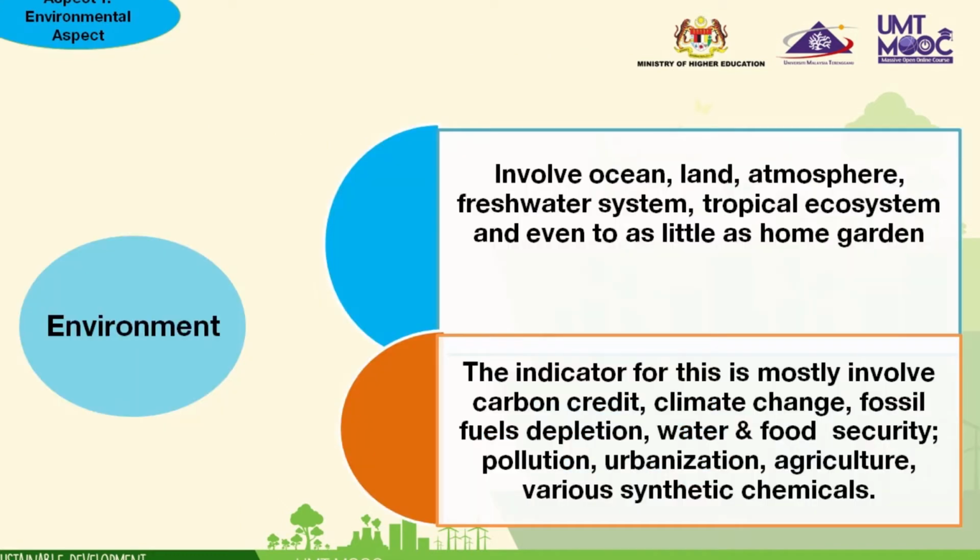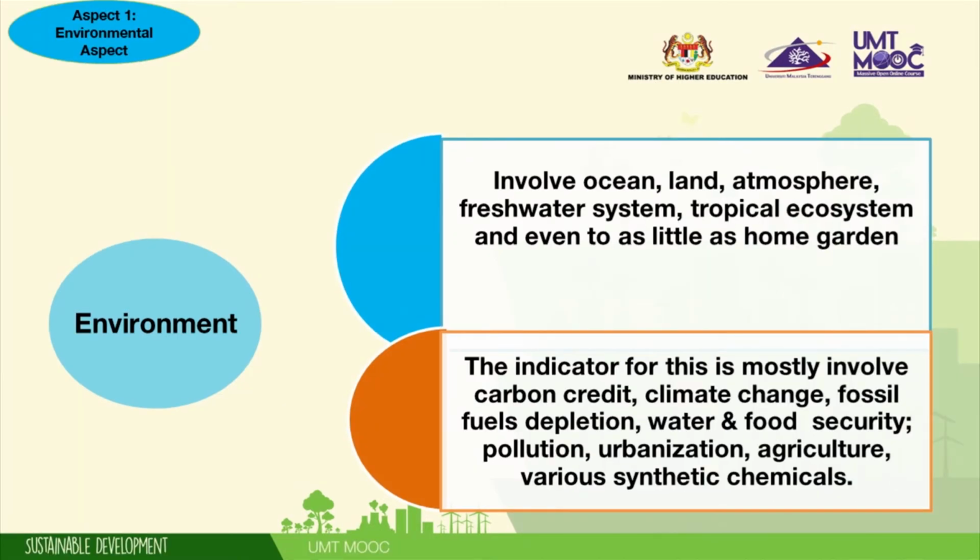Our environment involves ocean, land, atmosphere, freshwater system, tropical ecosystem, and even as little as a home garden. And the indicators for this mostly involve carbon credit, climate change, fossil fuels depletion, water and food security, pollution, urbanization, agriculture, and various synthetic chemicals.